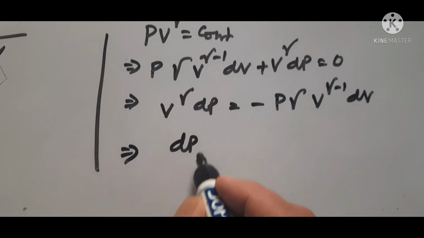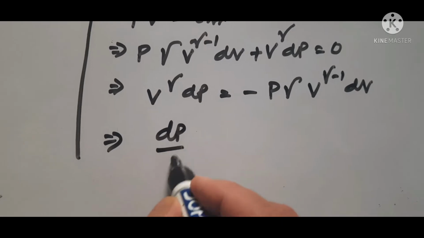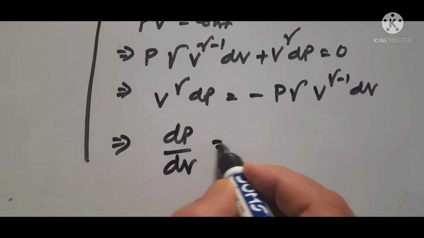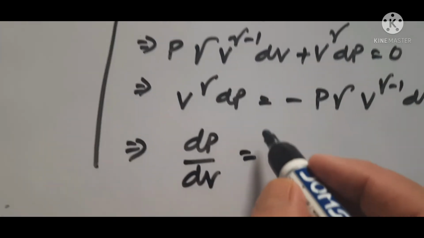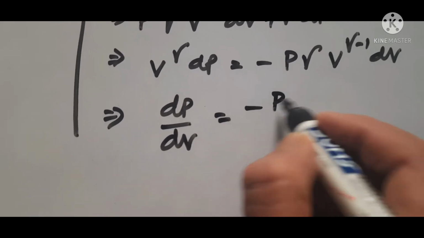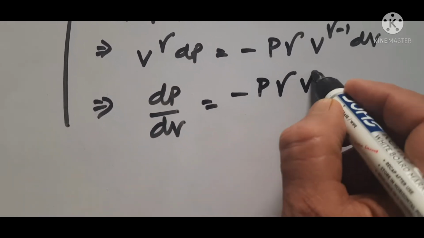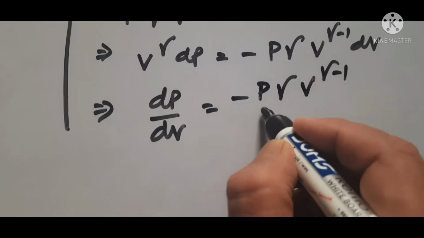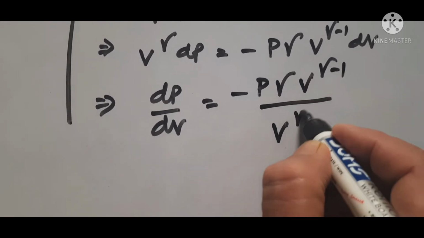Now dV we take to the other side, dP by dV to find the slope. So minus P gamma V to the power gamma minus 1 by V to the power gamma.